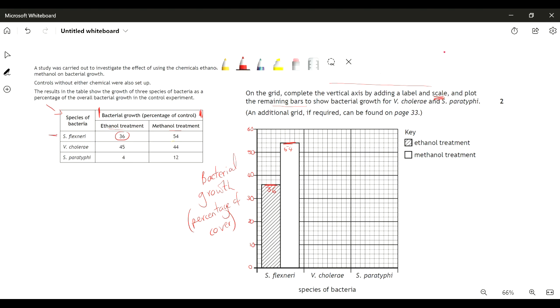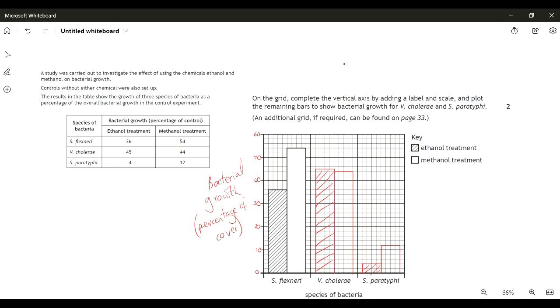Okay, so let's now move on to plotting the graph. So looking at this graph now that it's completed, we have got our vertical axis label and scale. We have plotted for Vibrio cholerae. We have got 45 here. We've got 44. We've plotted 4, and we've plotted 12. All of the tops of each bar top is nice and straight.